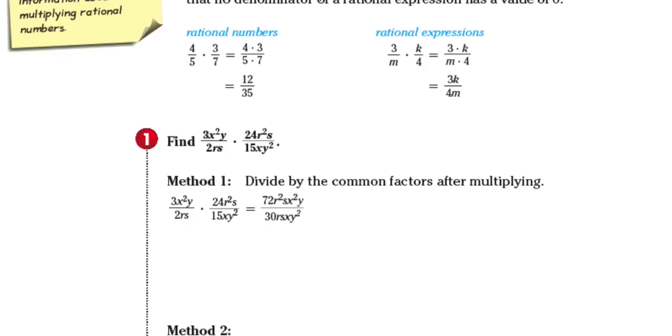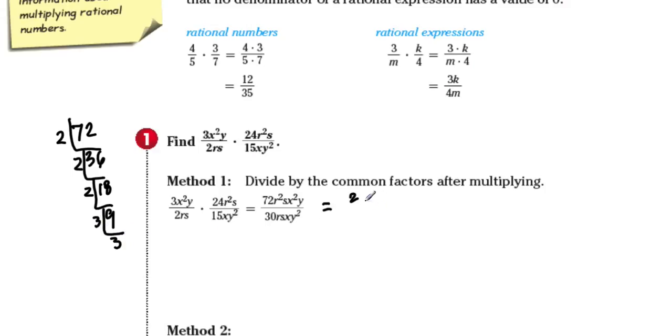Okay, so what you can do here is find the GCF. So what you want to do is find the prime factors of 72. The prime factors of 72 are, if you want to do the drop down method, that would help you: 2, this is 36, 2, 18, 2, 9, 3, 3.